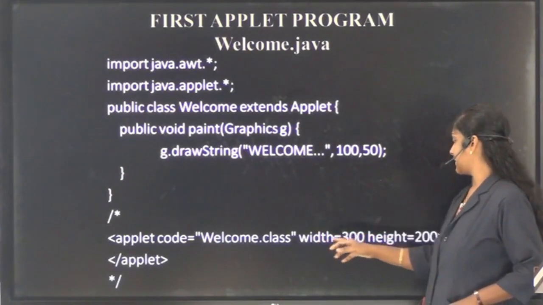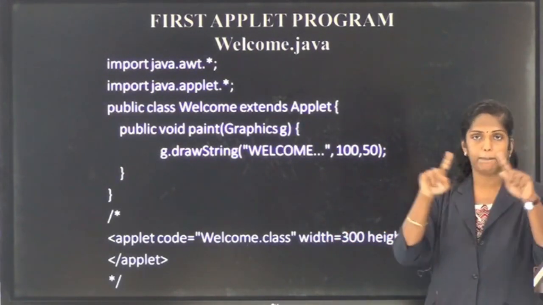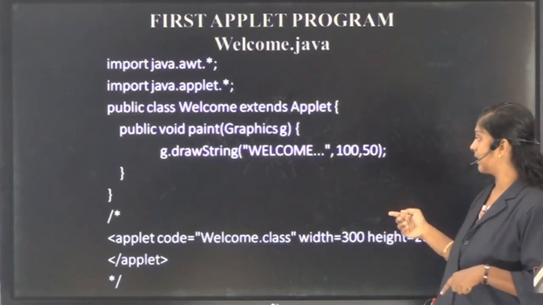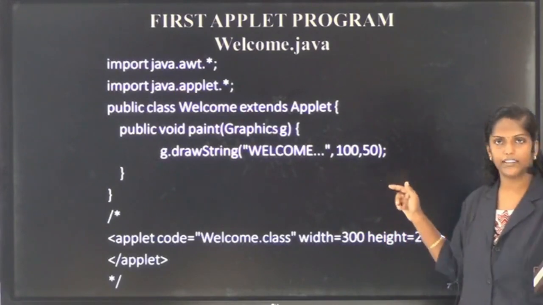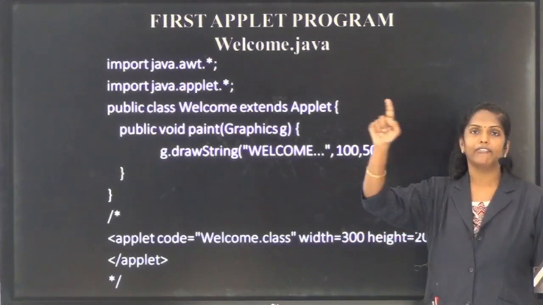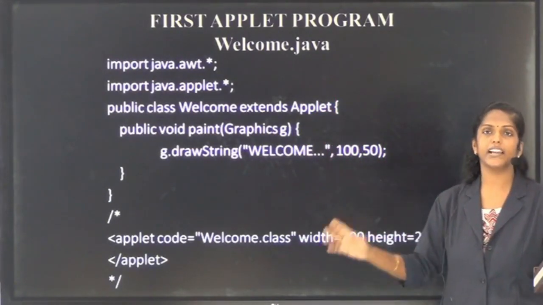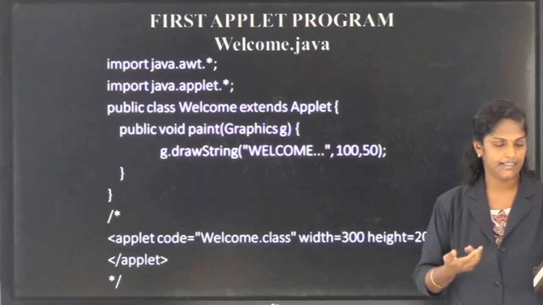Clear? Width and height indicate the initial size of our applet window. Before running this program, we will see the screen coordinate system of an applet window. Width 300, height 200 means a window of width 300 and height 200 will be initialized. This can be resized later.